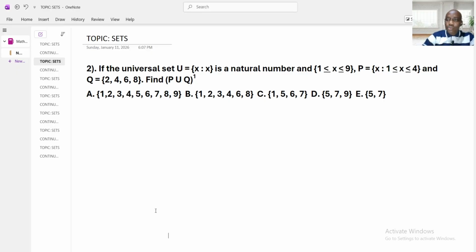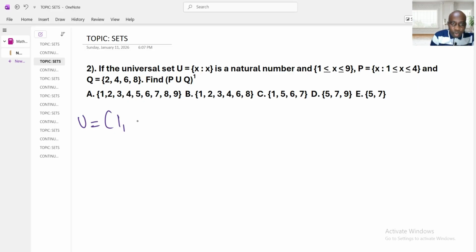Now let's begin. We need to interpret this question. When something is less than or equal to 1, it means that it will start from 1. When the question says equal to 1 and 9 too is less than or equal to 9, we are going to include 1 and 9 in our set elements. Now, first one is U, which is universal.